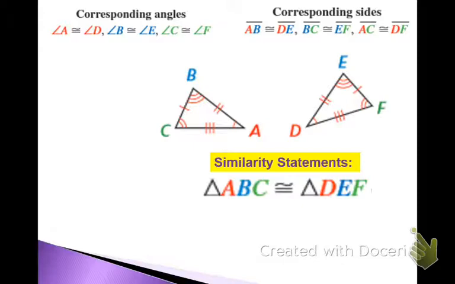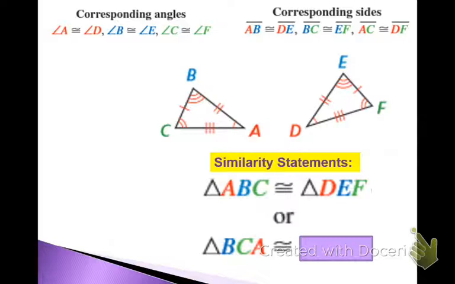So does it look like the order I list my letters in matters? Yes, it does. Look how A comes first, and A corresponds with D, so D comes first. B is second, B corresponds with E, so E comes second. Same thing with C and F. So we're going to do one. BCA. So before you just yell it out loud, let's all write this one down.